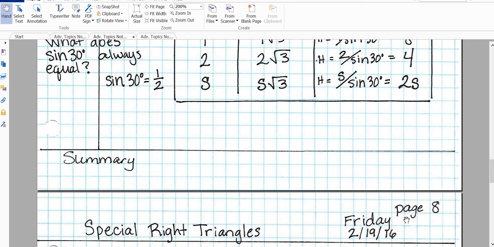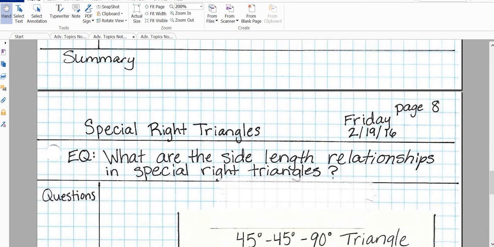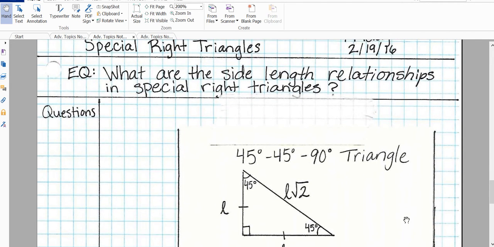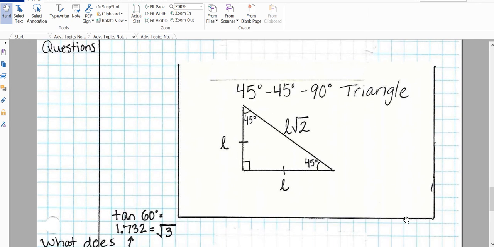So now, let's add those relationships onto our cards. And we're going to use the same abbreviations that we used in our table. So on the top flap of our 45, 45, 90 triangle, let's go back to that card. Please label your legs L, and then your hypotenuse can be labeled L times rad 2.